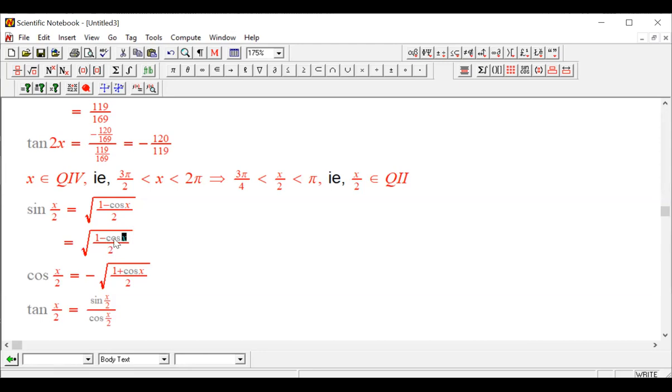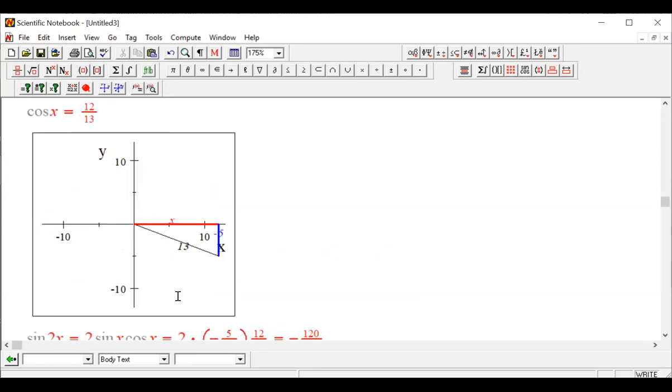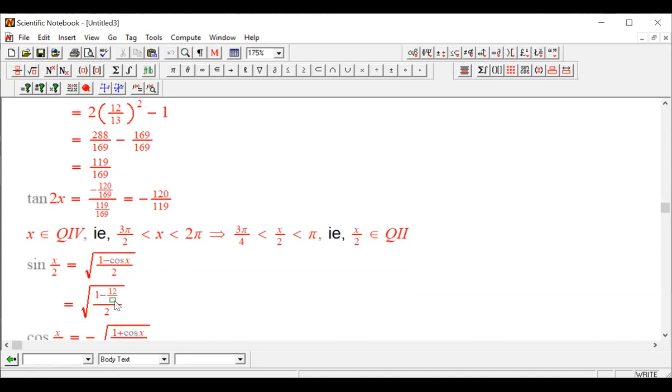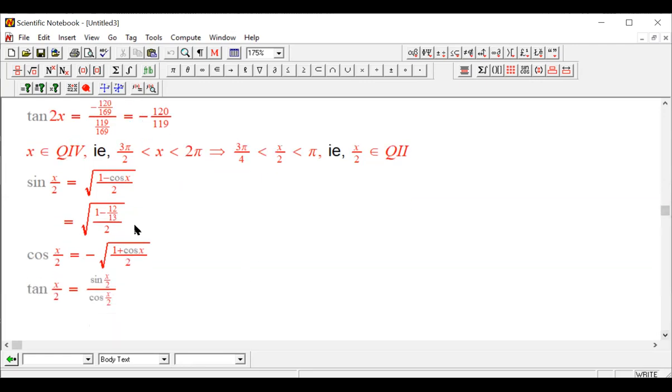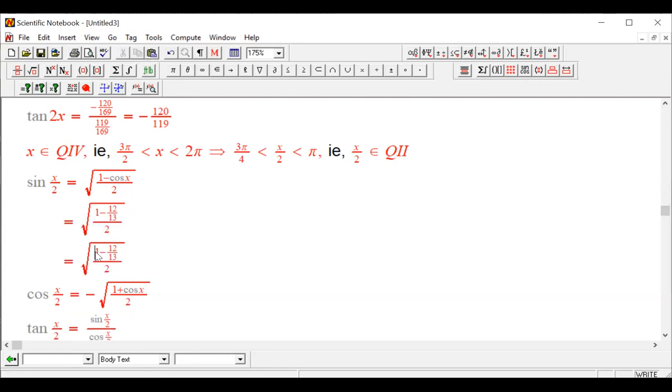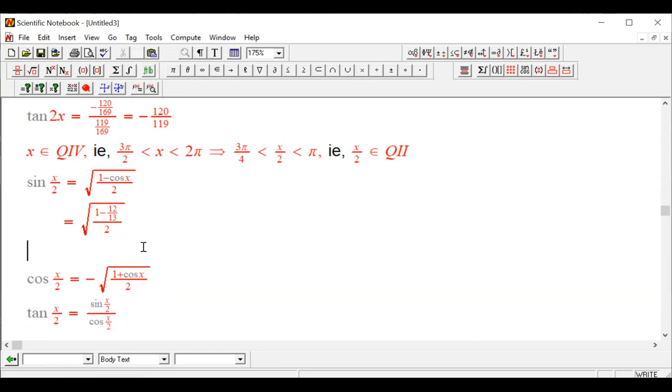Cosine x, what's cosine x we found? 12 over 13. And simplify. This is going to be 13 over 13, so 13 over 13 minus 12 over 13.